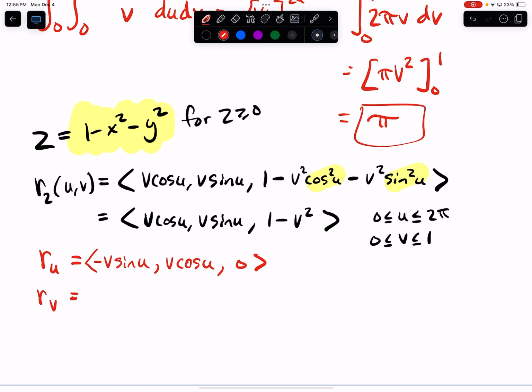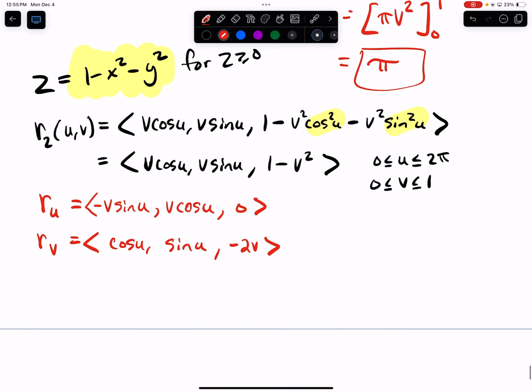And then RV: cosine u, sine u, minus 2v. Okay. So then we got to do the cross product. RU cross RV.